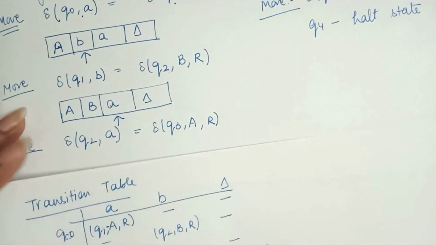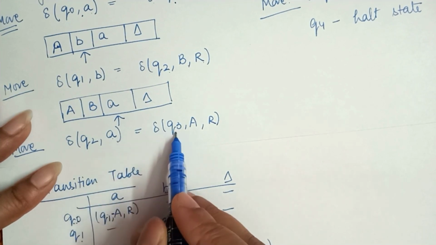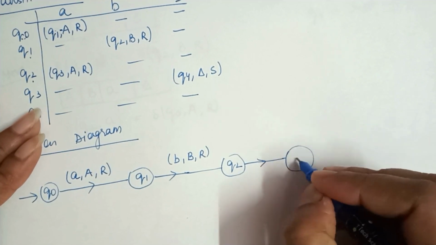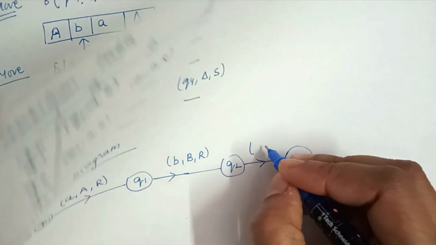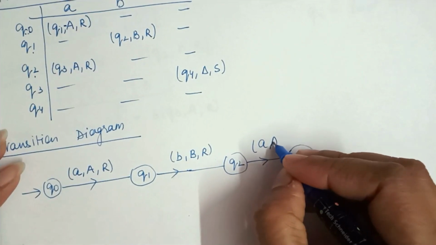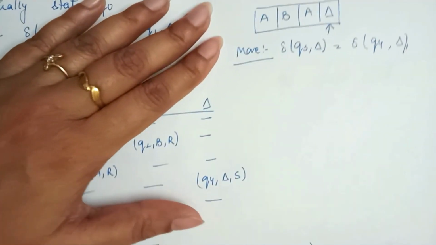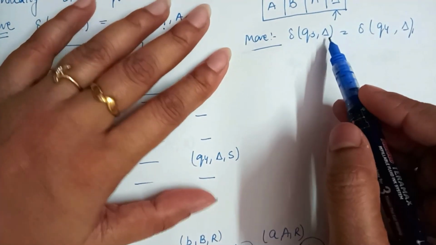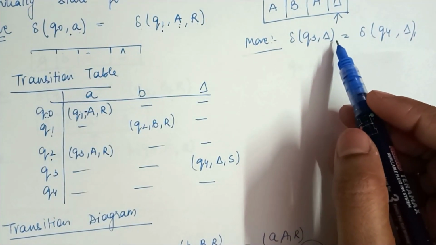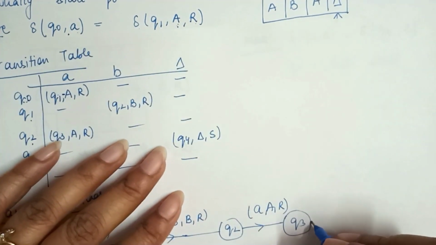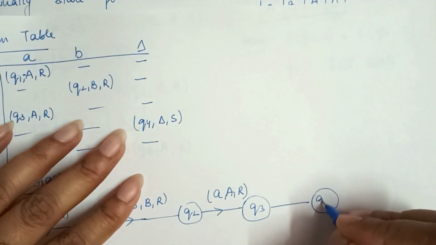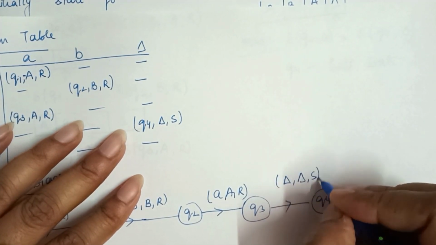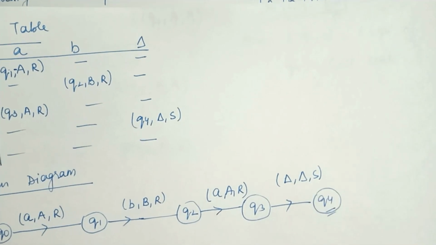Now on the Q2 state with small a input, we move to Q3 with A and R. So the input is small a, capital A, and R. Then on Q3 we have delta, that is the empty character, and it moves to the Q4 state. We take another state, Q4, with delta, and Q4 is the halt state.